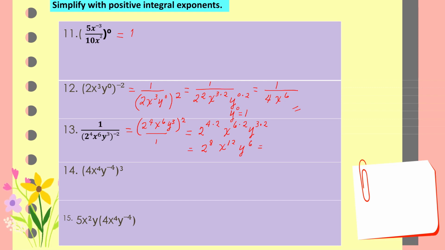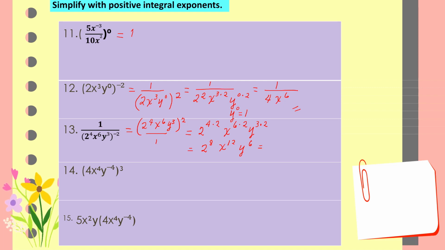Okay, ulitin natin. Saan nakuha yung 8? Galing siya sa 4 times 2. And then yung 12 from 6 times 2. And then yung 6 from 3 times 2. Okay? So, what is 2 raised to 8?